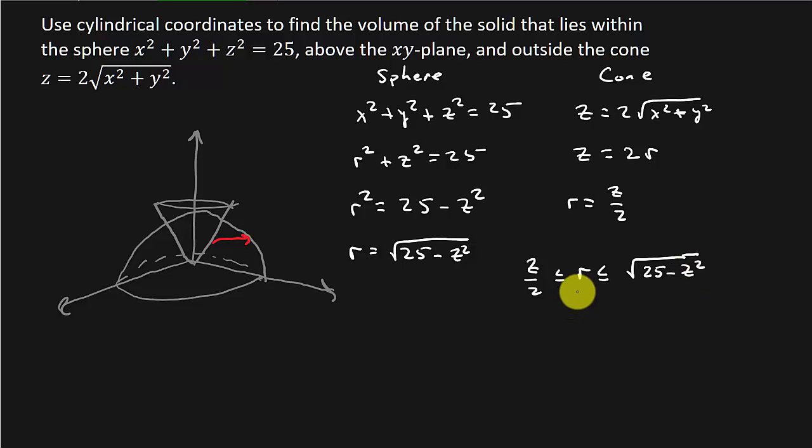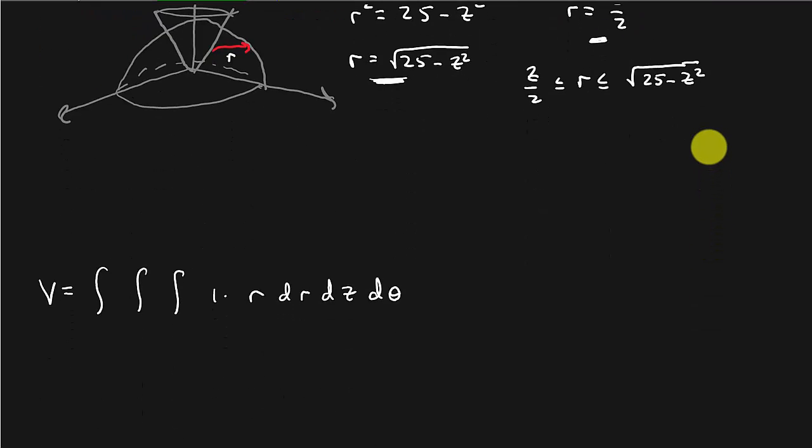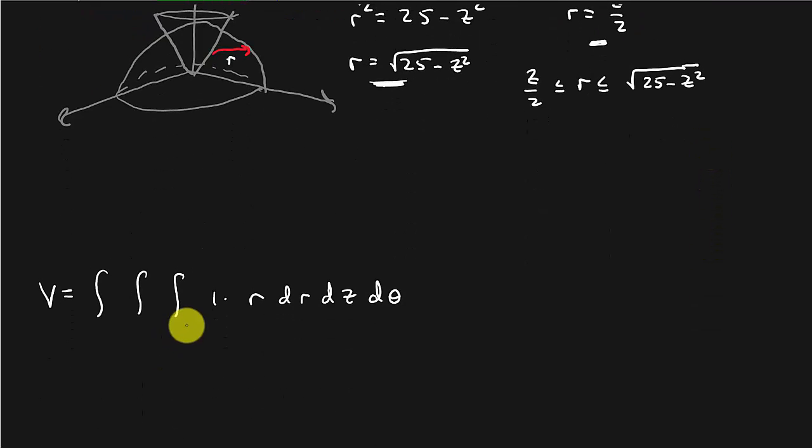We're going from the cone, which is this, out to the sphere, which is this. That's r right there. So our bounds are z over 2 to square root of 25 minus z squared. And I'm going to erase this 1 here, because 1 times r is r.